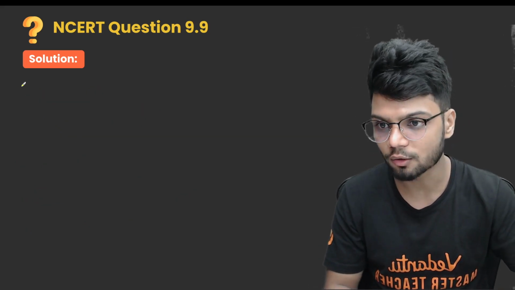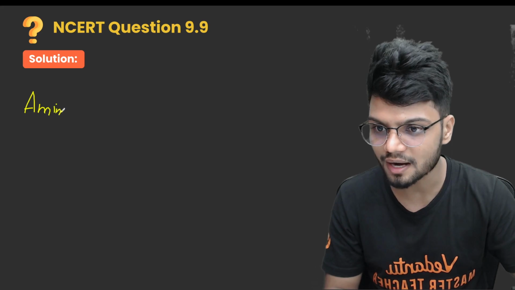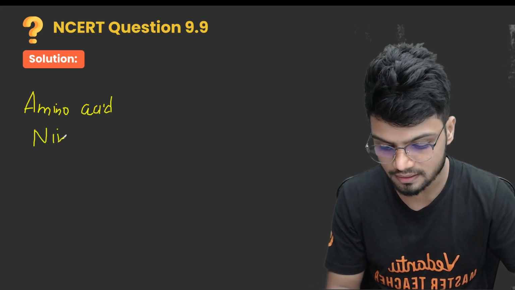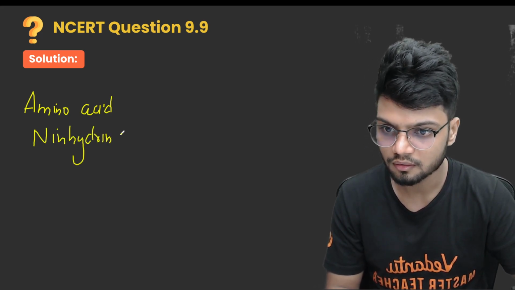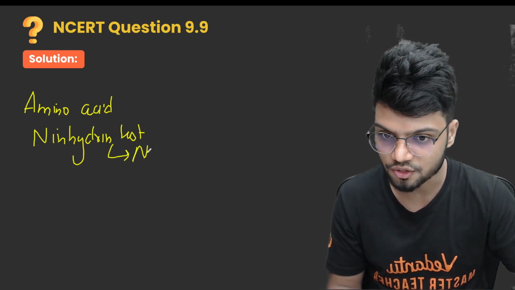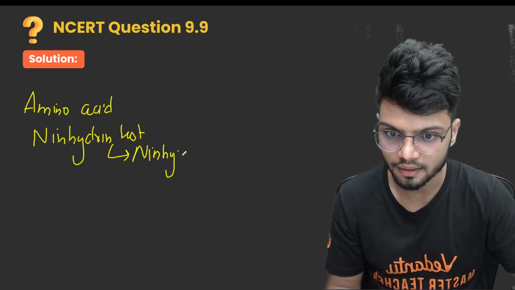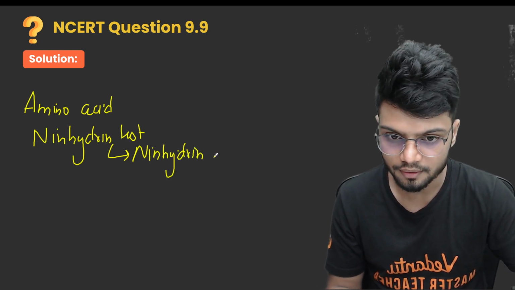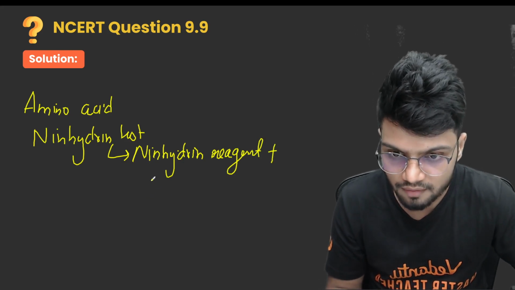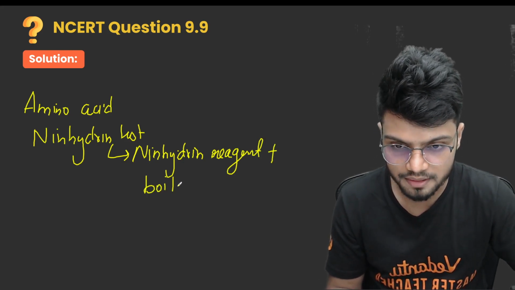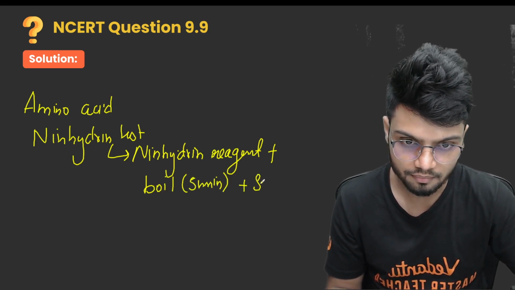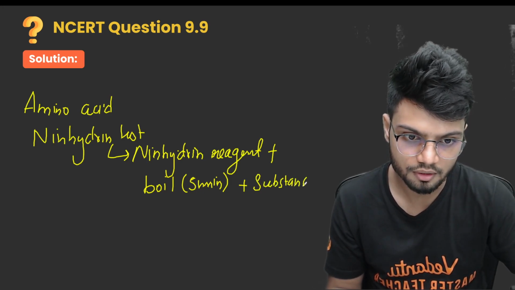Let's look at the last one, which is amino acids. Amino acids have a very standard practice, the ninhydrin test, right? So what happens in the ninhydrin test? We take ninhydrin reagent, plus we boil it for 5 minutes in the presence of your substance.